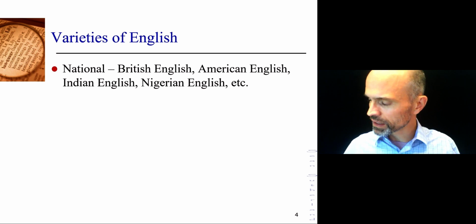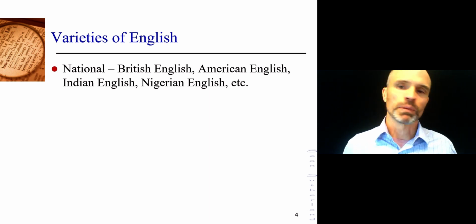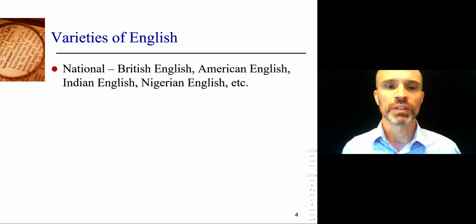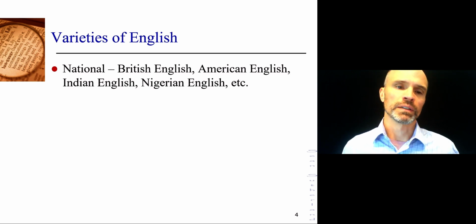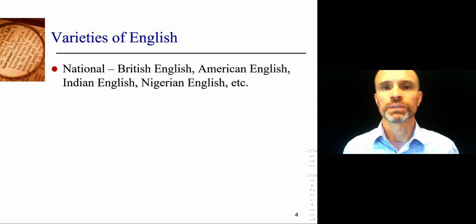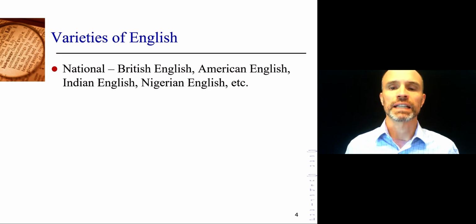So varieties of English. As I said before, when I gave the example of British and American, sometimes people talk about varieties at the national level with examples like you see here, right? Including countries like Indian English, Nigerian English, right? Countries where there are millions of speakers of English, both native speakers and speakers of English as a second language, right?